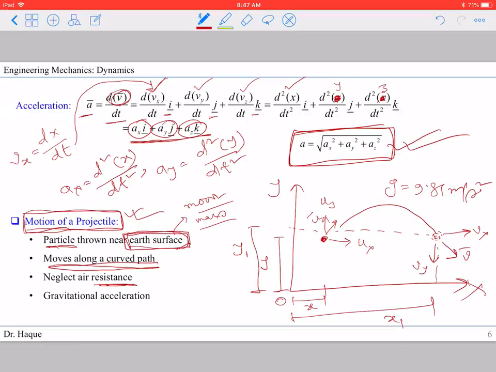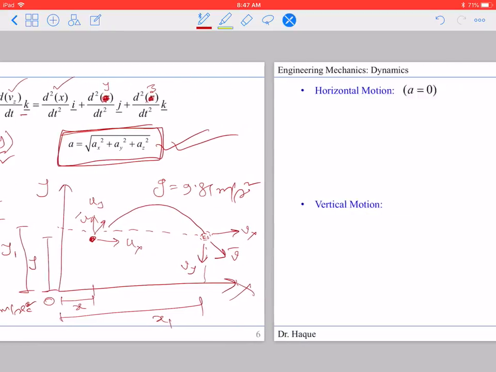The only acceleration acting on the body is the gravitational acceleration, which is g, 9.81 meters per second squared. Nothing else is acting on the particle.